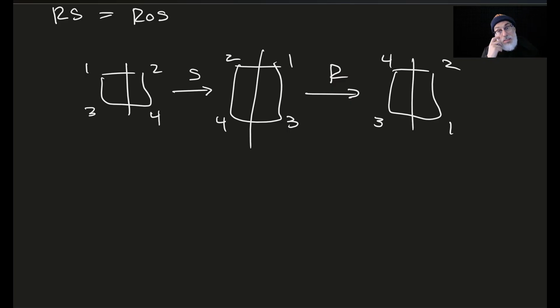There's another way to write this. This is the way I like it. I like to write this as permutations on elements. And the way you can do that is you write a top line of 1, 2, 3, 4. Those are the vertices here. You can write A, B, C, D. It doesn't matter what symbols you use. And then I'm going to write where 1 ends up. In other words, what ends up in the 1 spot? Well, at the end of this, that's where 4 is. So I'm going to write 4 below 1 as a way to remember that.